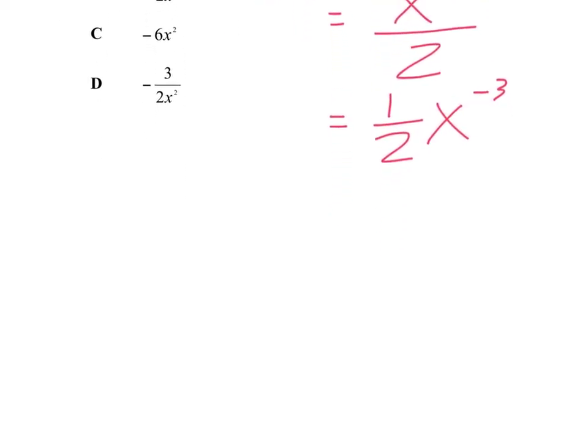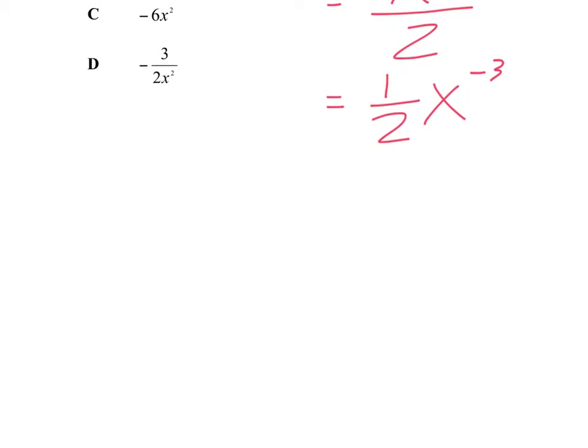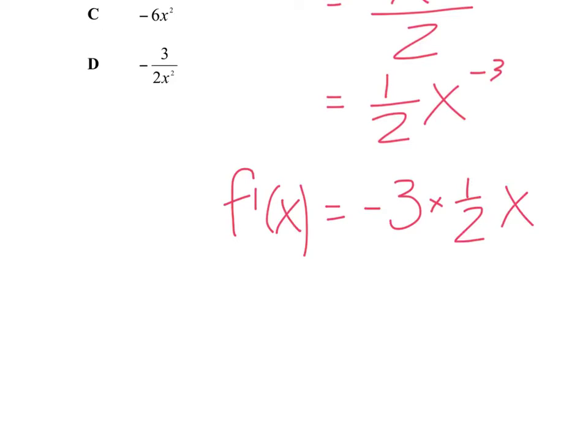What we want to do now is differentiate this. So if we move this up a little bit and write f dashed of x to show that it's been differentiated, then it's -3 multiplied by a half x to the power, and subtract 1 from the power gives us -4. -3 times a half is -3 over 2 x to the power -4.